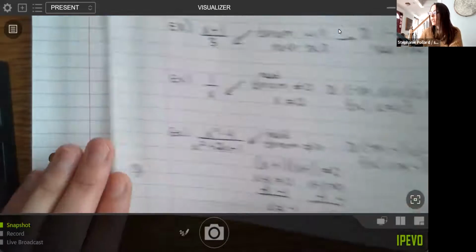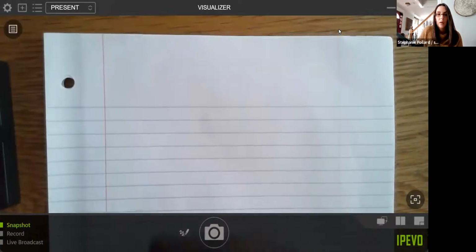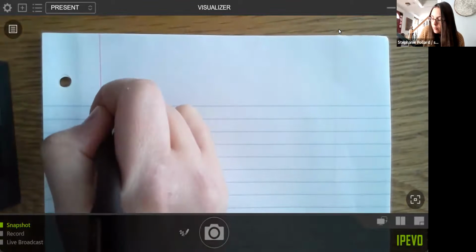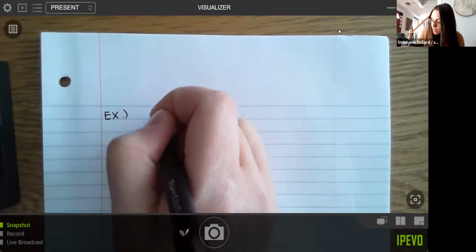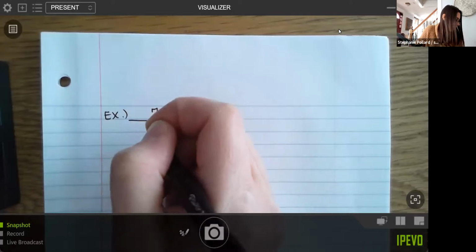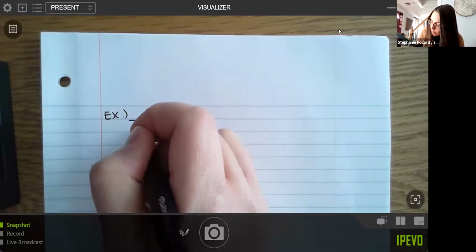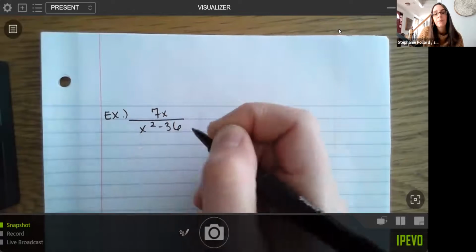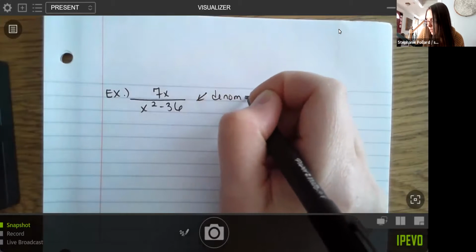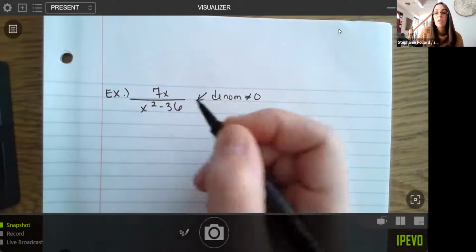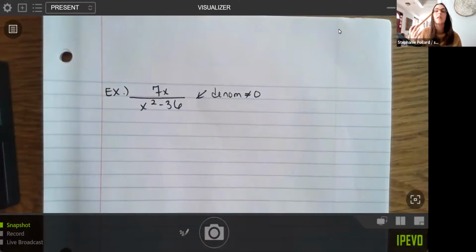And let me do one more example here, just to show you another one that's a little bit harder as well. So let's say I have 7x all over x squared minus 36. Okay. So here I want to make sure my denominator is not equal to 0. Again, for most of these, they're going to be able to factor because that's the main thing we know how to do with polynomials.